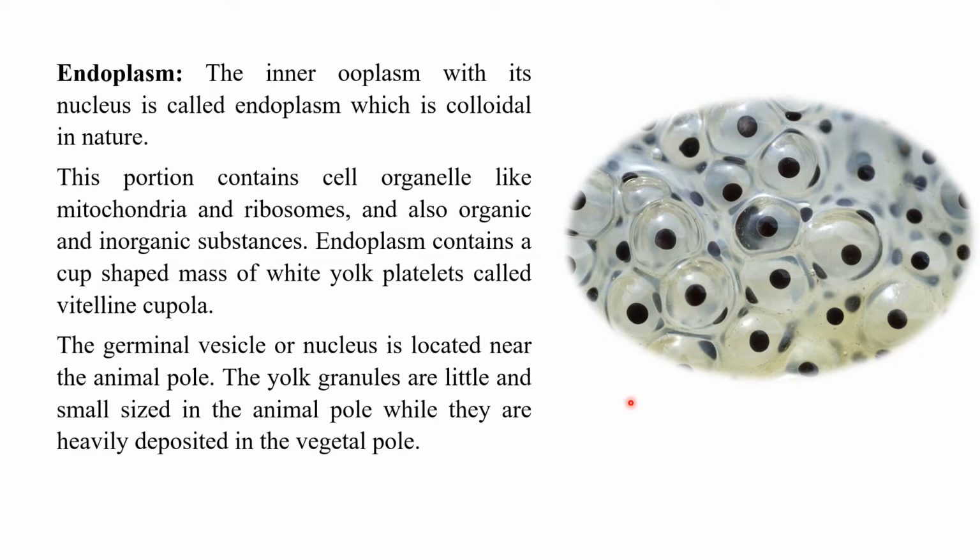The yolk granules are little and small sized in the animal pole, while they are heavily deposited in the vegetal pole. The yolk granules, it means yolk, is present in little quantity in the animal pole, and its quantity is very heavy in the vegetal pole.